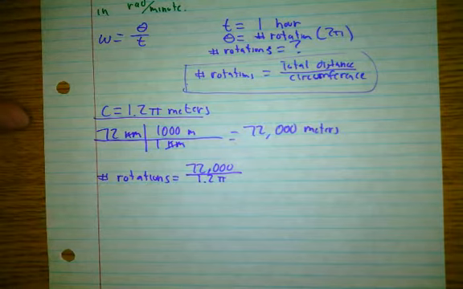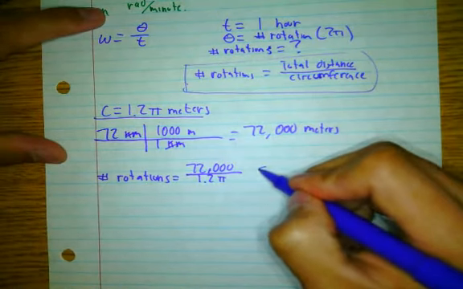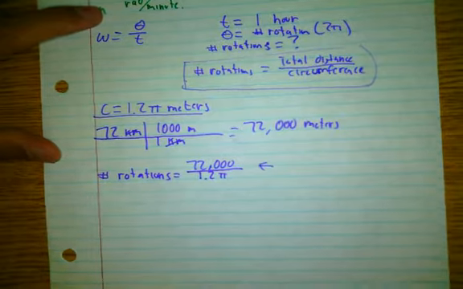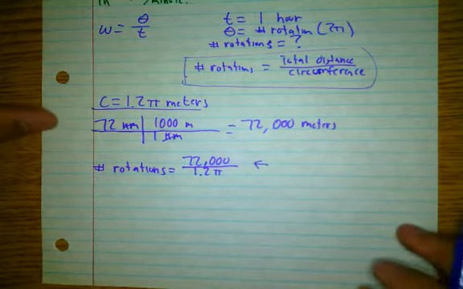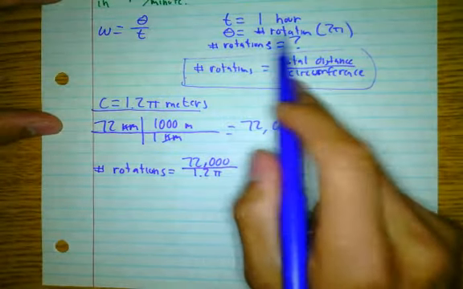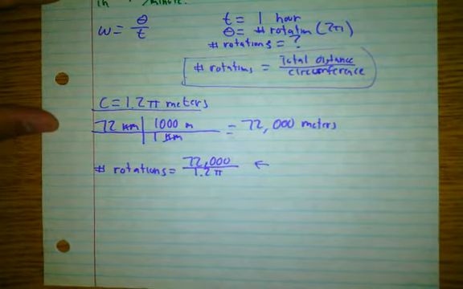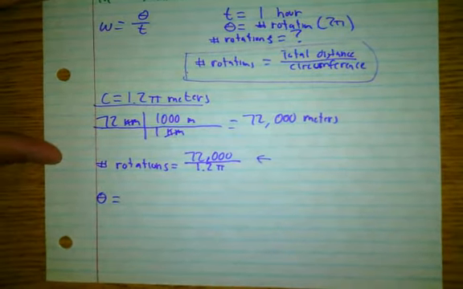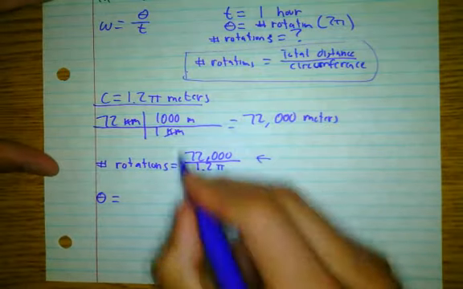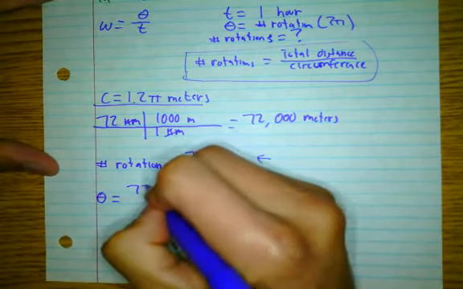So now, if we go back, remember that theta is the number of rotations times 2 pi. So now we can find out what theta is. Theta equals number of rotations, which is this entire thing here, 72,000 over 1.2 pi, times 2 pi. Are you okay if I write it as 2 pi over 1?